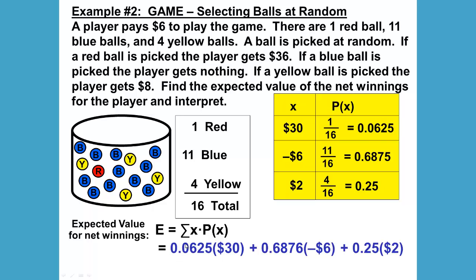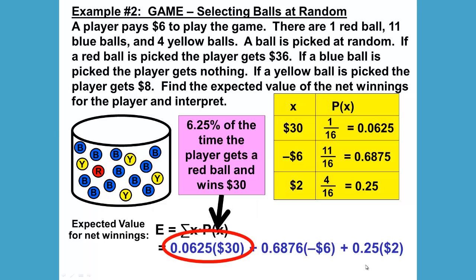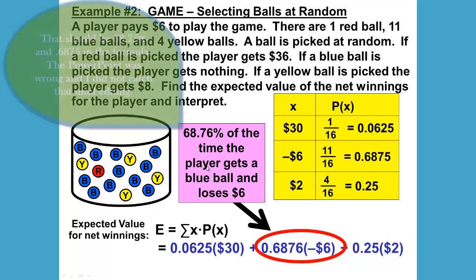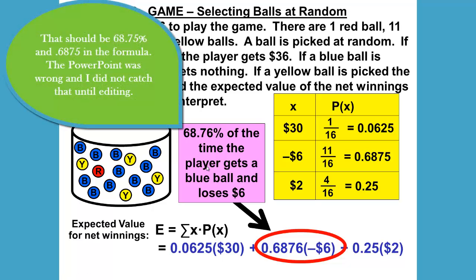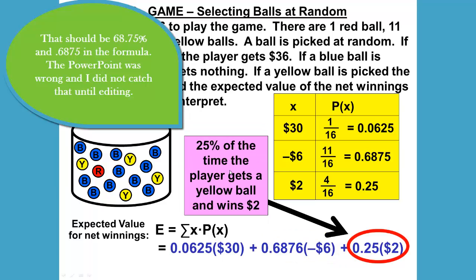So we simply want to add up every x times p of x. And Ms. Borlaug has shown that at the bottom here. 6.25% of the time the player gets a red ball and wins $30. 68.75% of the time the player gets a blue ball and loses $6. 25% of the time the player gets a yellow ball and wins $2.